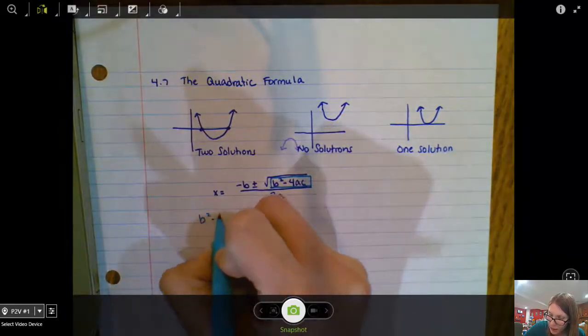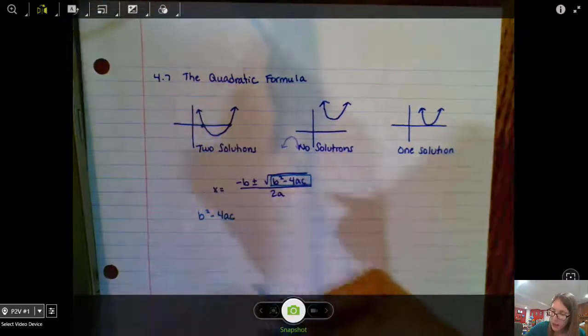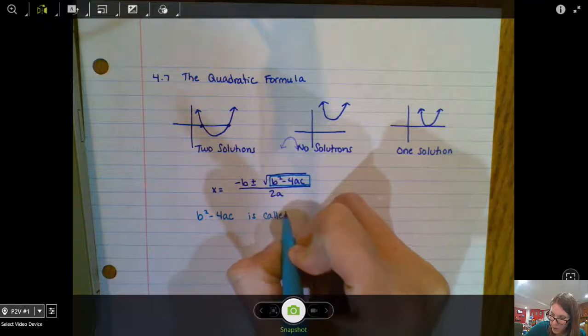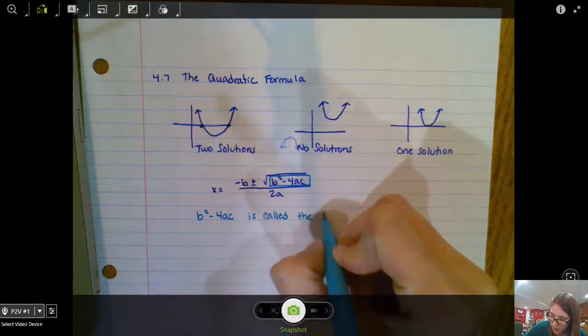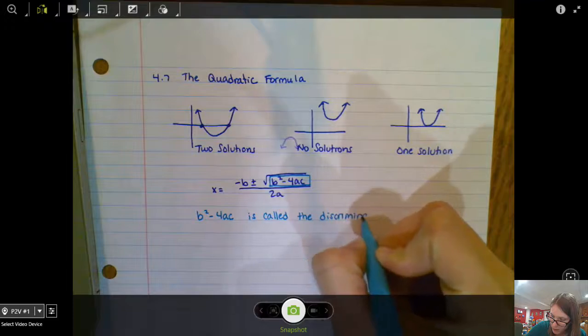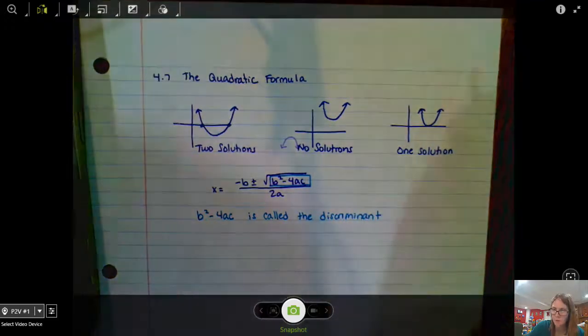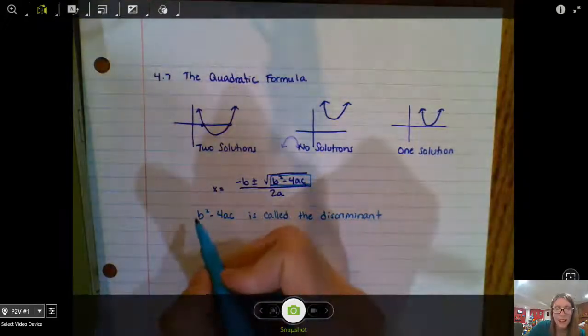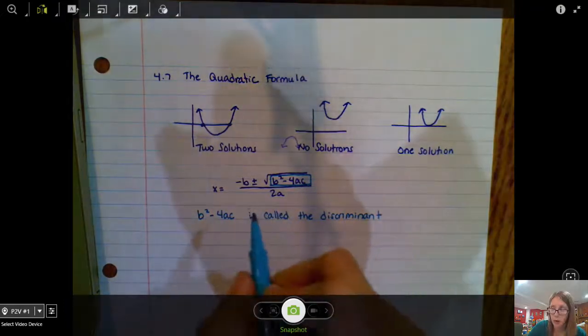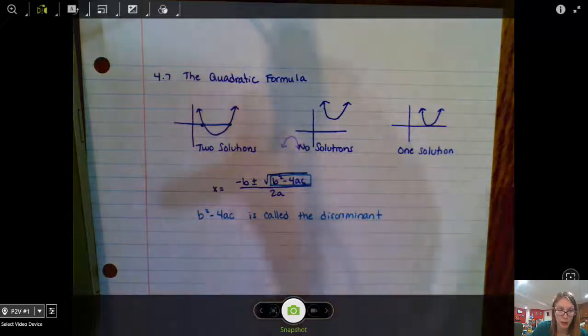So b squared minus 4ac has a special name, and it is called the discriminant. And again, it's just the b squared minus 4ac, not the square root. Square root is not included in this.